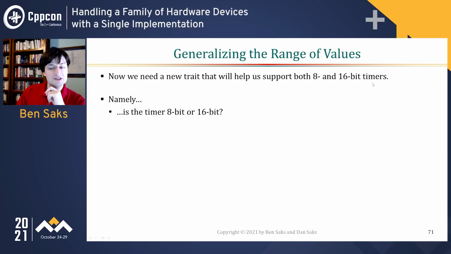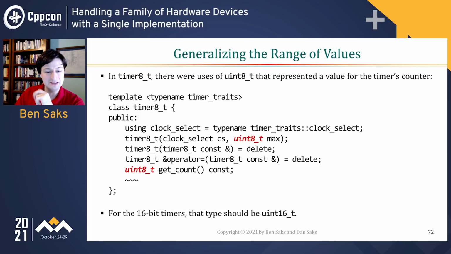So now, what more do we need to separate out our 8 and 16-bit timers? Well, we need to know, is the timer 8 or 16-bit, unsurprisingly? Because in our timer 8T type, up to this point, we had a few places where we were using uint8_t as a type, and we were just assuming that that was the right type to represent the values stored in the timer's counter.